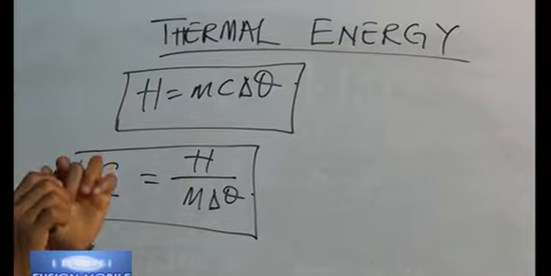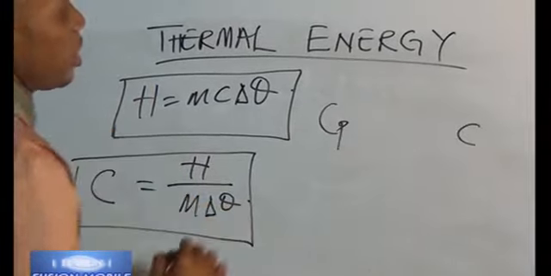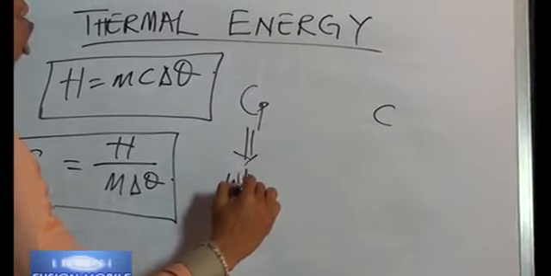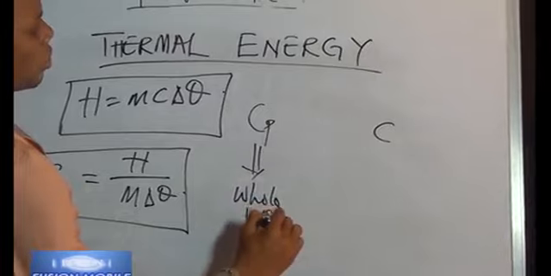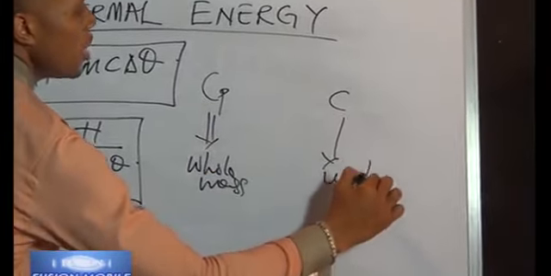Don't get confused about the two of them. This is heat capacity and this is specific heat capacity. This one works on the entire mass, while this one works only on what? Unit mass.